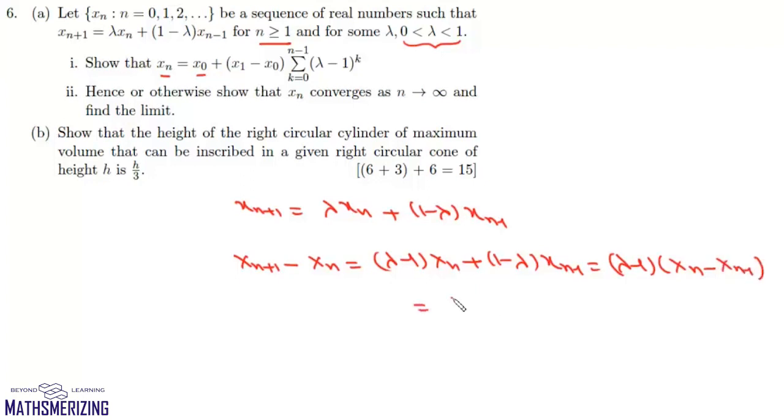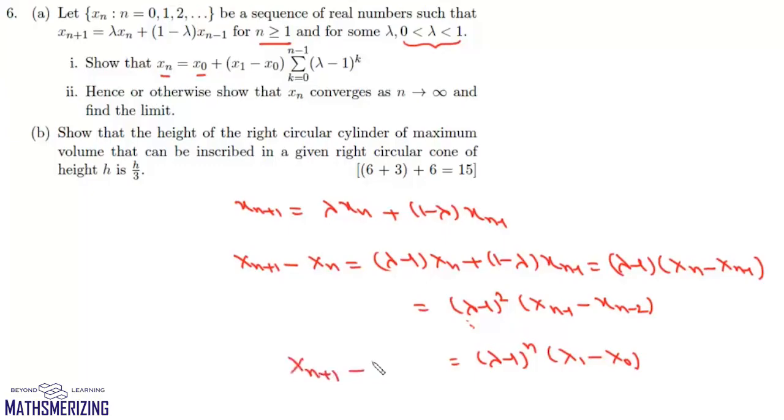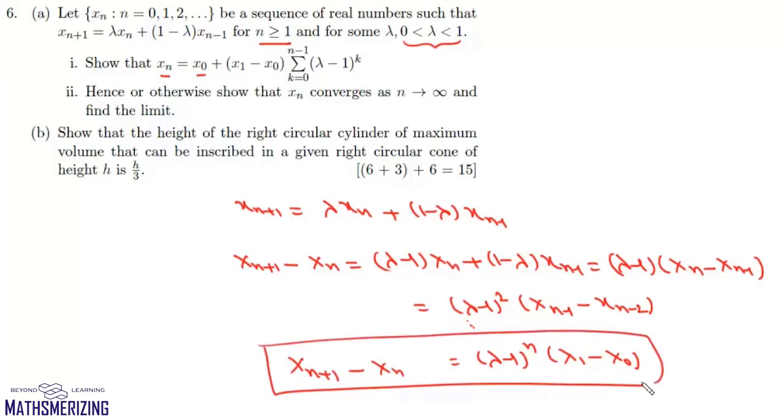Now using iteration, it will be equal to (lambda minus 1) square into (x_(n-1) minus x_(n-2)). And if we continue like this, in the end we'll get (lambda minus 1) to the power n (x_1 minus x_0). So now we have this result that x_(n+1) minus x_n will be equal to (lambda minus 1) to the power n (x_1 minus x_0).